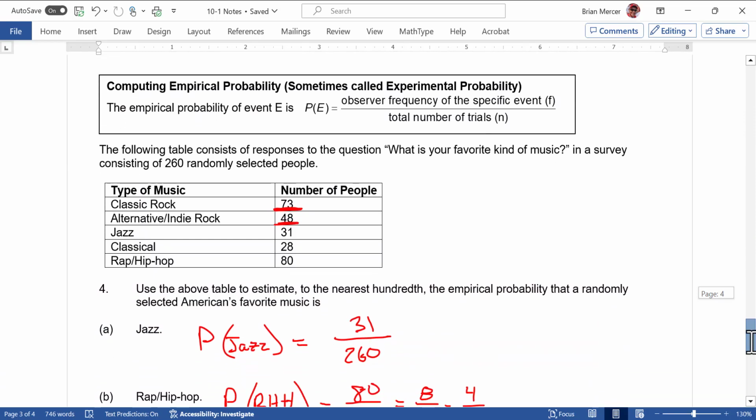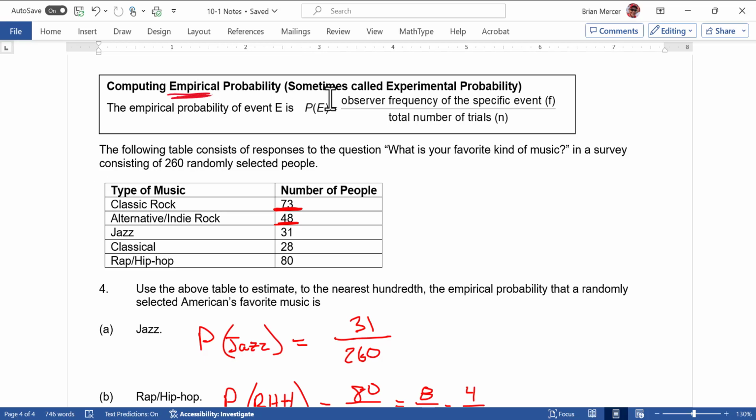Experimental probability or theoretical probability, or empirical probability as opposed to theoretical. Empirical or experimental comes from data or a survey. Theoretical probability is from general assumptions, from dice, from cards, from coins. Those are examples of theoretical probabilities.